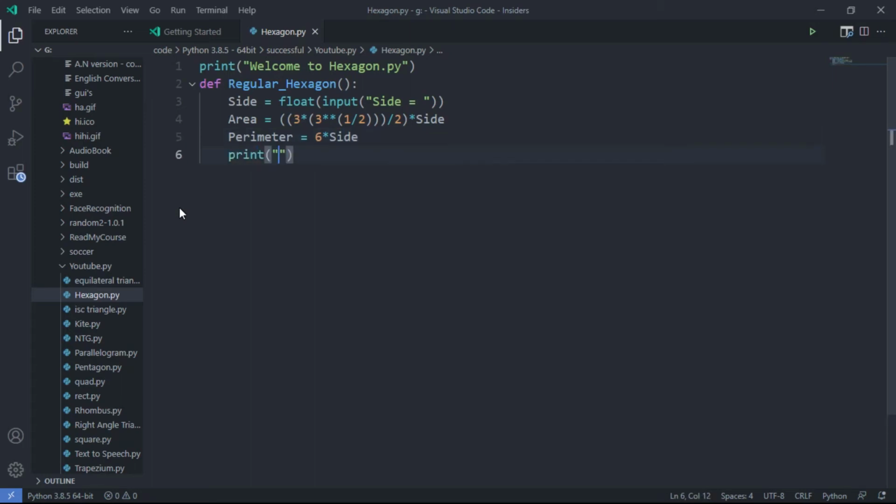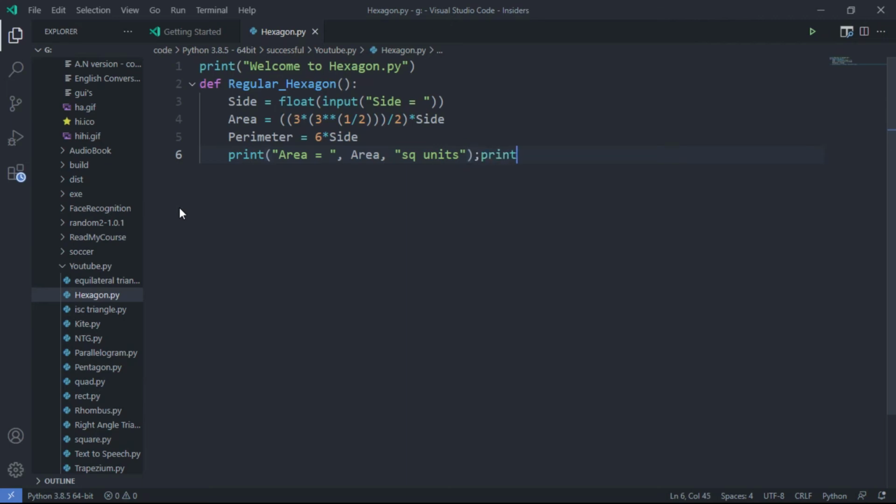Print area equals our variable area, which is measured in square units, and then perimeter.